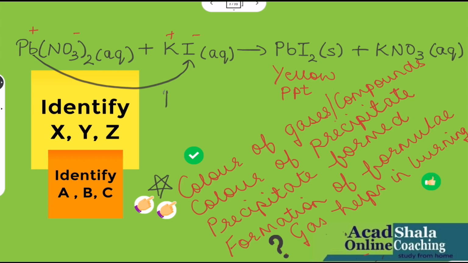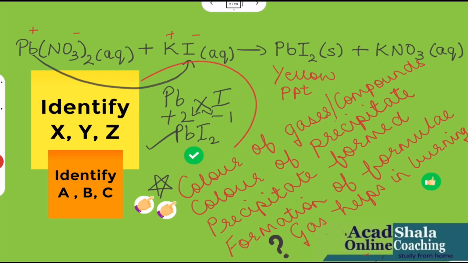So you will write Pb and I. What is the valency of lead? +2. What is the valency of iodine? -1. Criss-cross. That is, it will be formed PbI2. So in this way, please form the chemical formulae using this crisscross method so that it is never ever wrong when you put it in the equation.